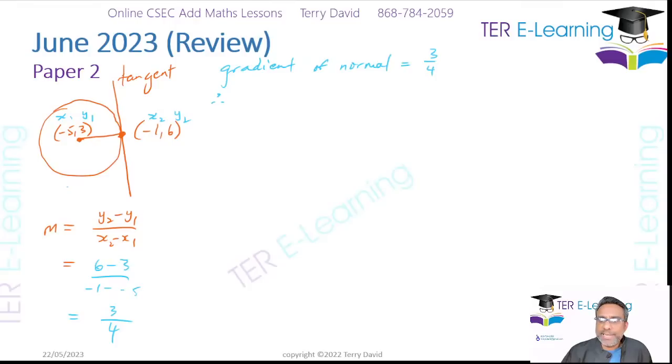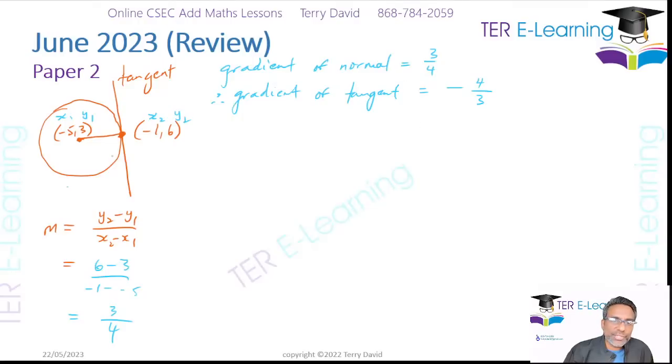When you're trying to work out the gradient of the tangent, it's very easy to mess that up. So the gradient of the tangent is going to be minus 4 over 3. That's your gradient of your tangent.